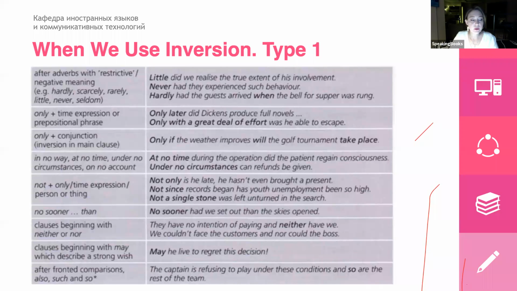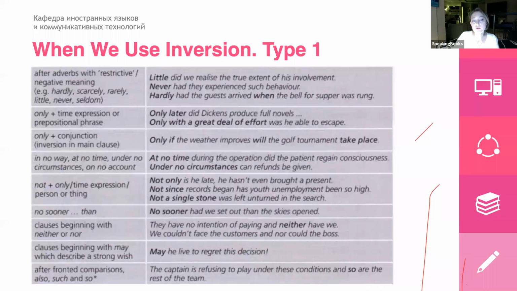Another case when we use inversion is after only plus time expression. Like in the sentence that you saw about Dickens, only later did Dickens produce full novels. Or another one, you also have seen it, only with a great deal of effort was he able to escape. Only if requires inversion in the main clause. At no time and under no circumstances also require inversion.